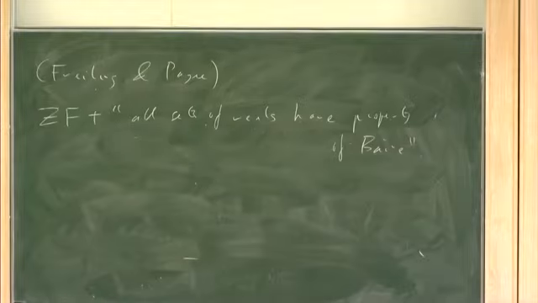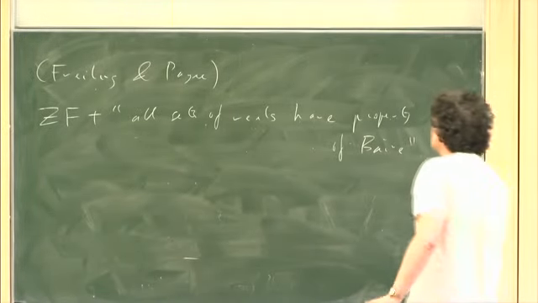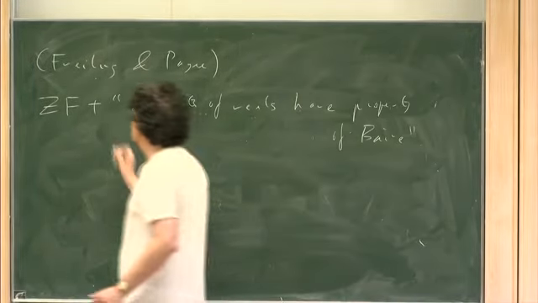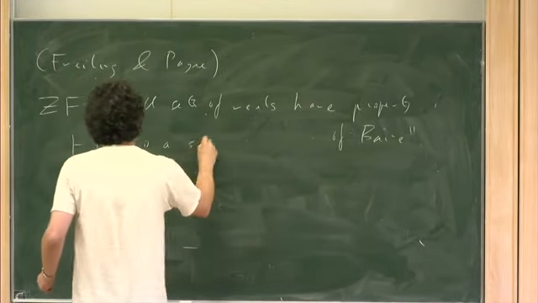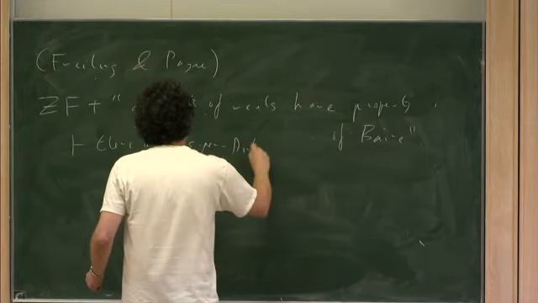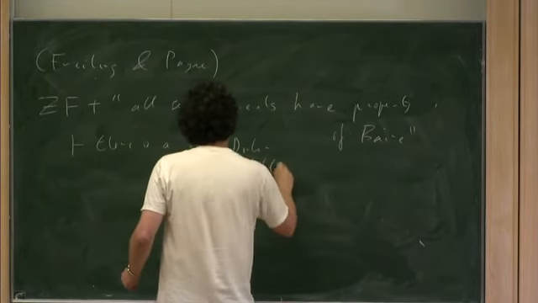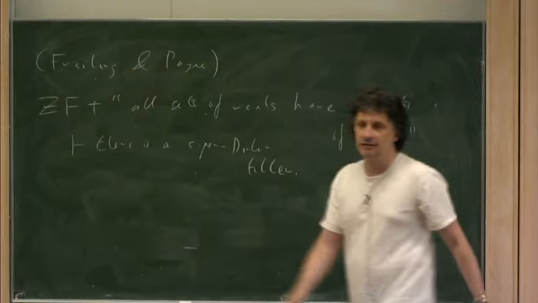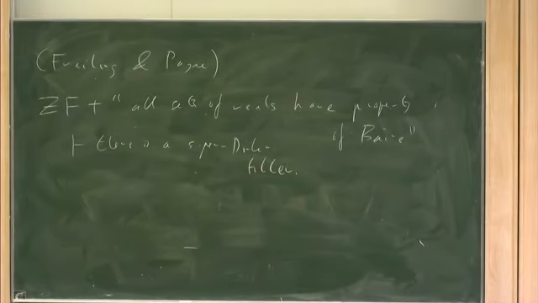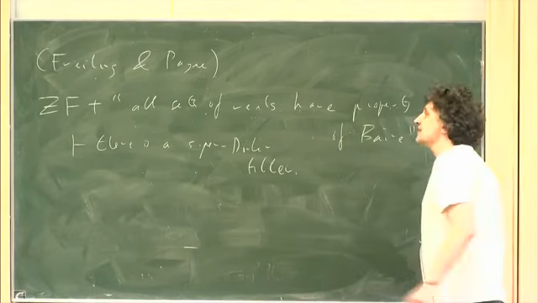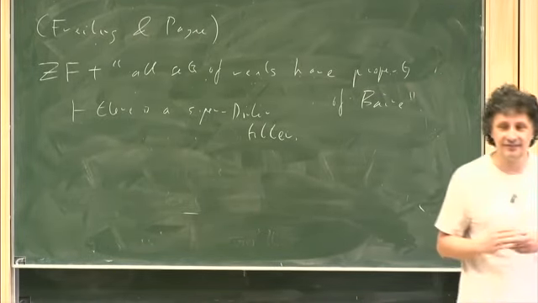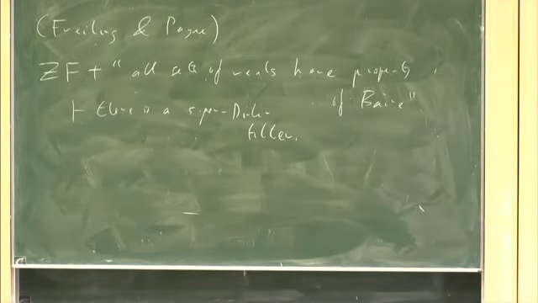If you have ZF plus every set of reals has the property of Baire, then there is a Super-Dowker filter, but I think the underlying set is some quotient by some equivalence relation of sets that are a couple of power sets up, so it's not a tremendously simple thing.